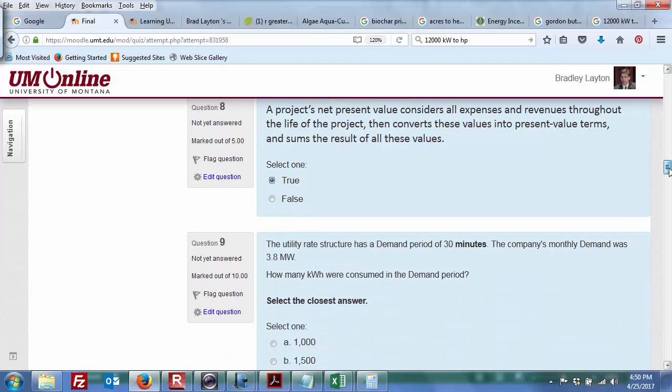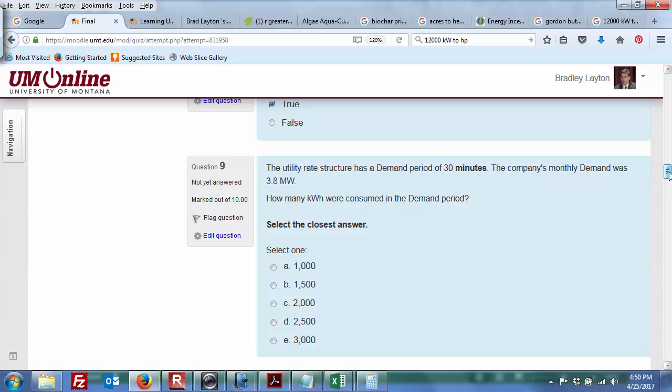The utility rate structure has a demand period of 30 minutes. The company's monthly demand was 3.8 megawatts. How many kilowatt hours were consumed in the demand period?